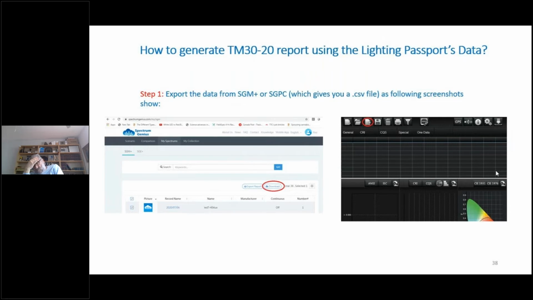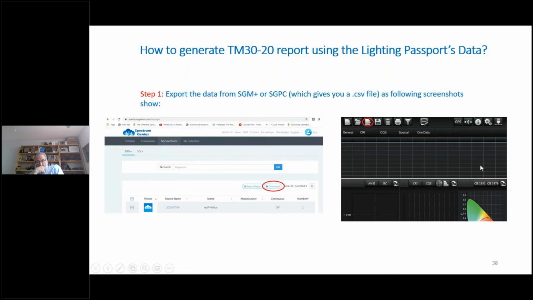So how to do that, I'm sure some of you have been using SGM Plus, which records the data in the cloud. Once you go on spectrumgenius.com on your profile where you have your data, you can just use this download to download the CSV Excel file that has all the data.